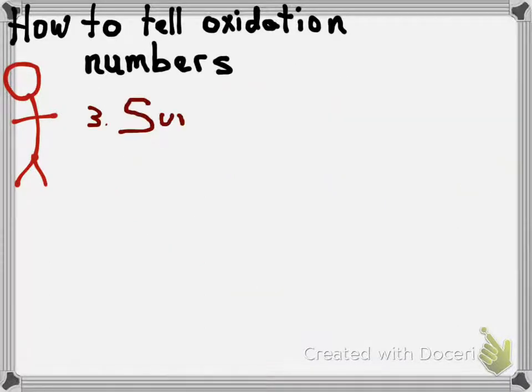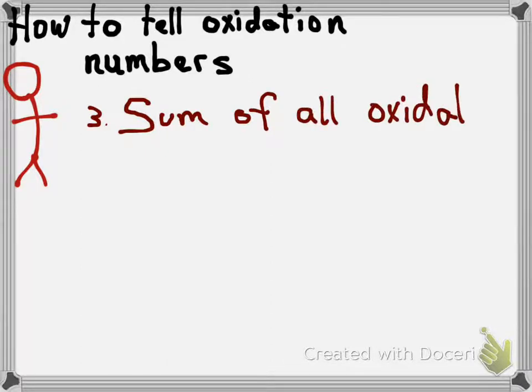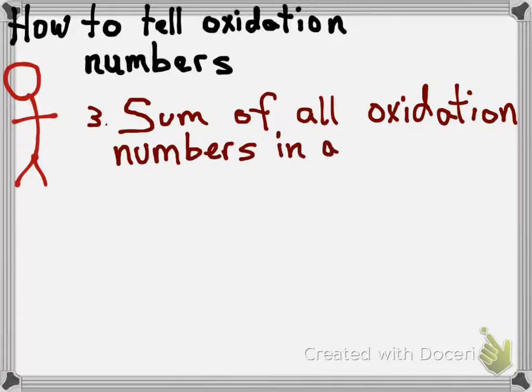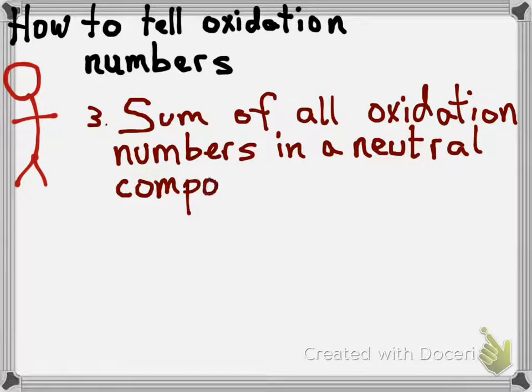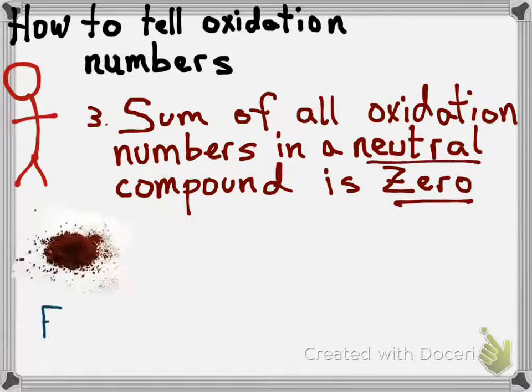Rule number 3. The sum of all the oxidation numbers for a compound must always equal 0. Now that's if you have a neutral compound like water or hydrogen peroxide. Always the oxidation number is 0.